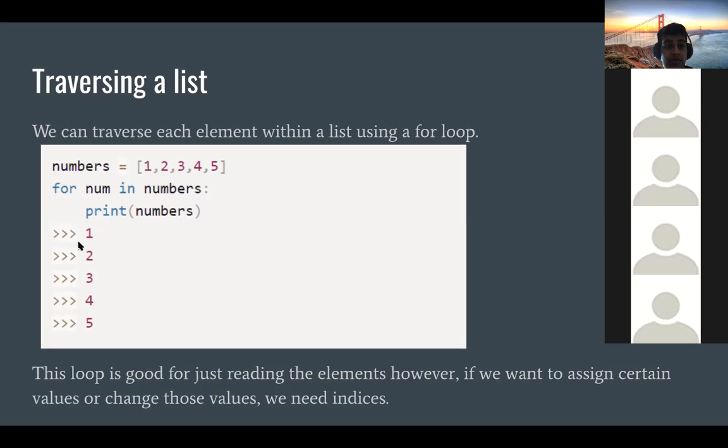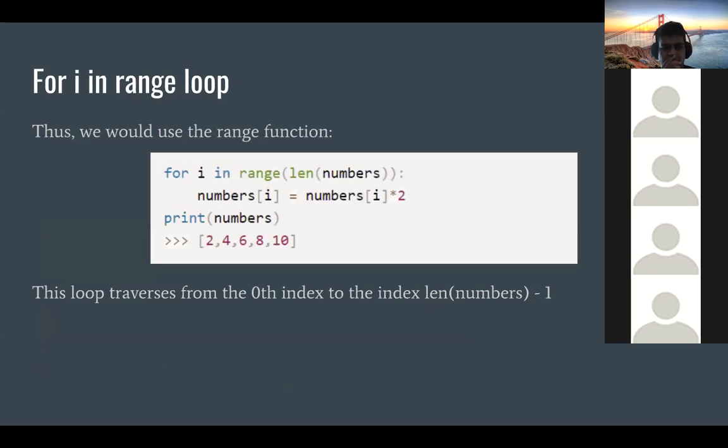Now, using this way is called a for each loop. This is pretty good to access the values and see what's happening. But there's another type of for loop, which you guys are probably used to, with the range function. Using the range function, we can say for i in range length of numbers. Did you guys go through strings?